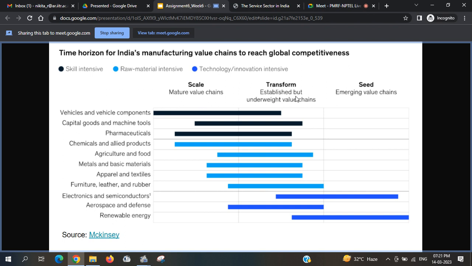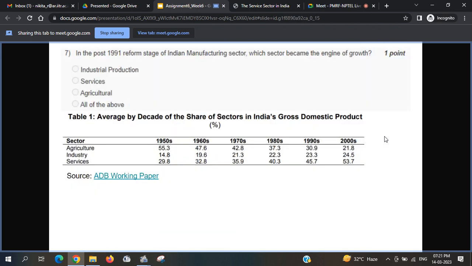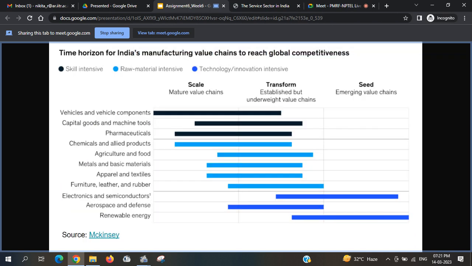Then this here shows that they are established but underweight value chains, they still need to transform, and industries which lie in this area, they are still emerging value chains, and they still need a lot of time.